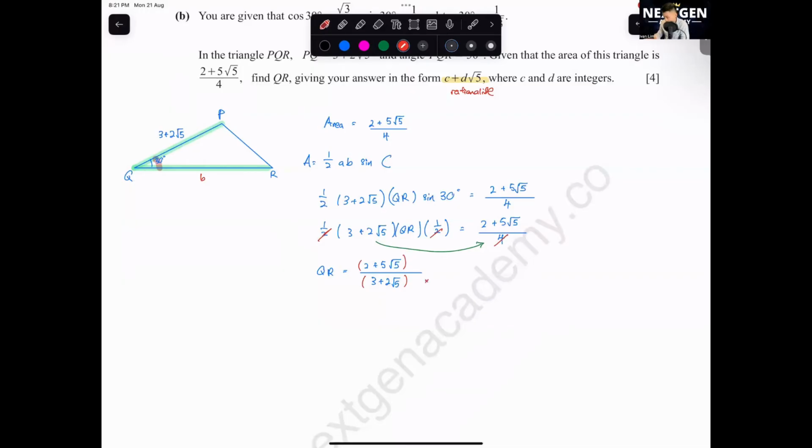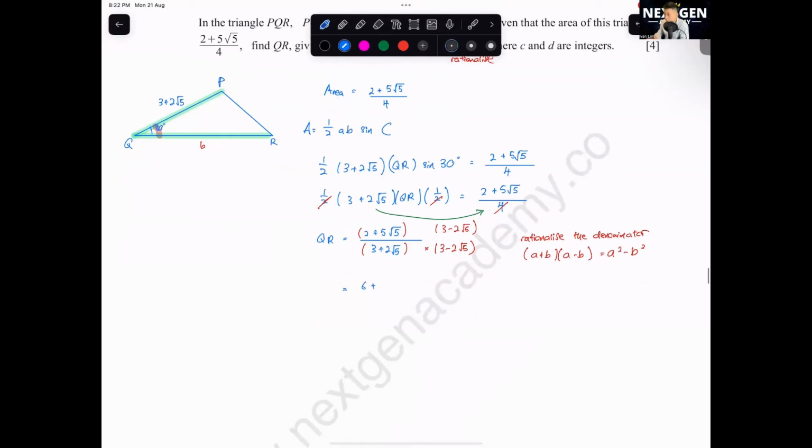So you multiply here, 3 minus 2 root 5, 3 minus 2 root 5. This process is called rationalizing the denominator, which uses the concept of (a plus b) times (a minus b) equals a squared minus b squared. Let's open up the brackets.